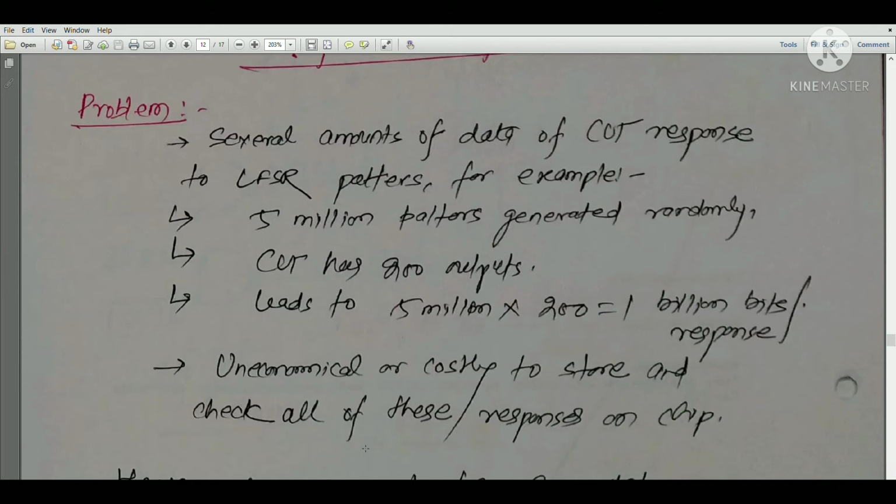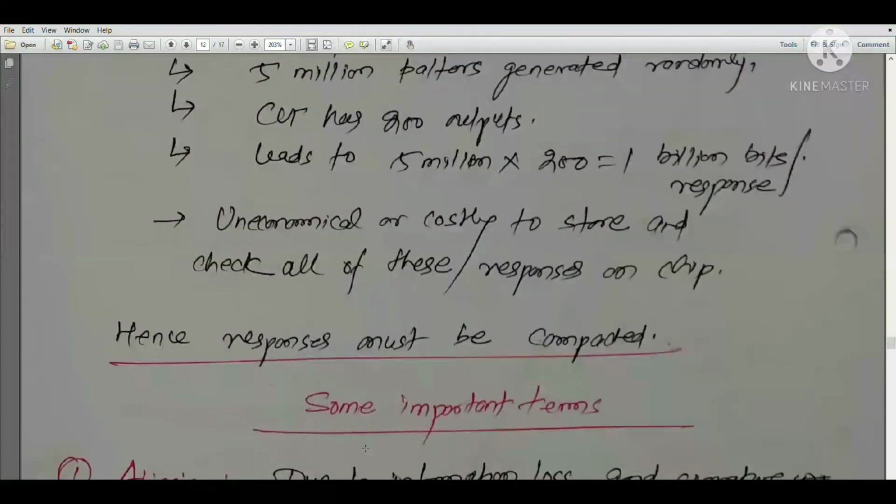Can you store 1 billion bits response? Even if you can store, it is not economical. It is uneconomical or costly to store, and also the controllability or observability of the response would be very low. So to check these kinds of response is not possible. So hence responses must be compacted.